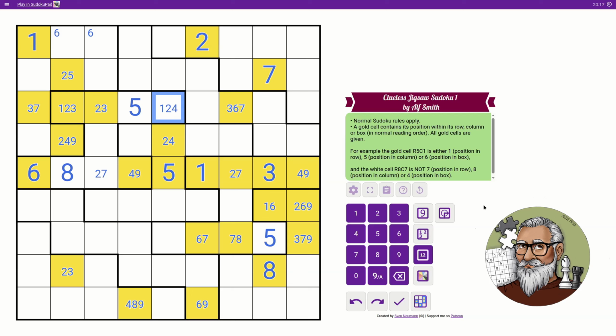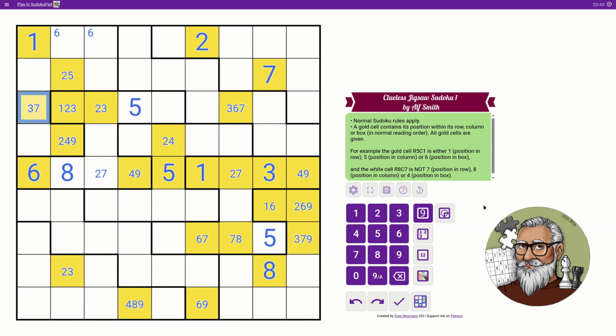Well, it's not 5 or 6. Fortunately, it can be 7 or 9. Okay, this is not gonna help very much. Still a lot of options. Wow, really a lot of options. Okay. Not gonna do that.